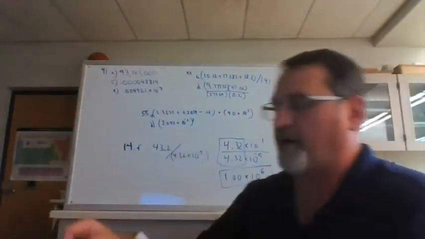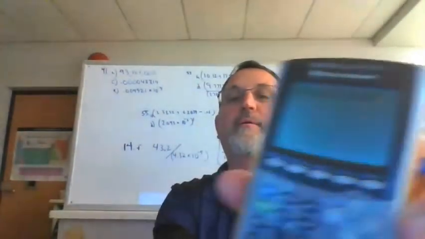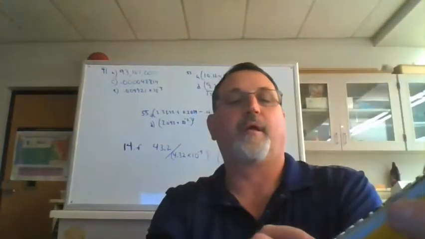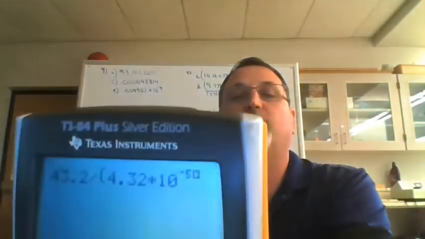The negative 5 is what the little up arrow button is for. Up arrow, negative 5. So do you see that that looks very much like the problem itself?